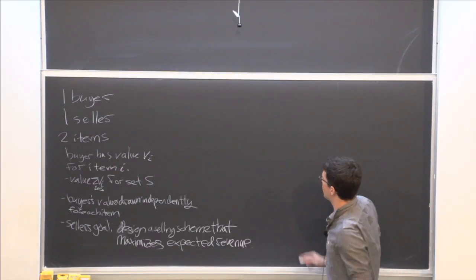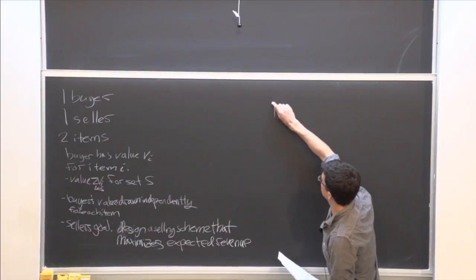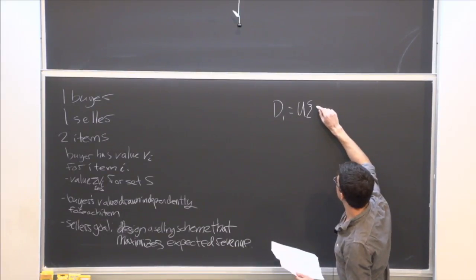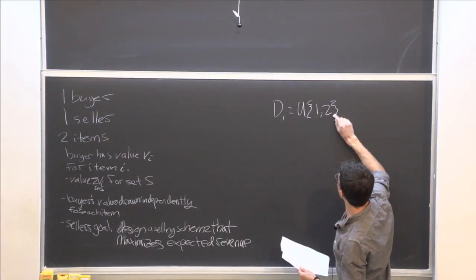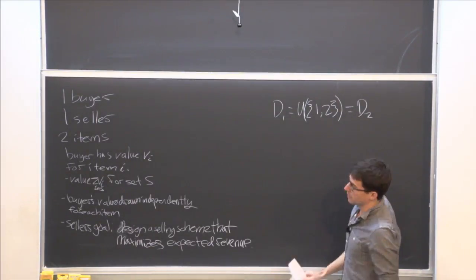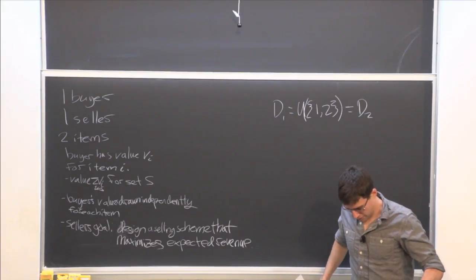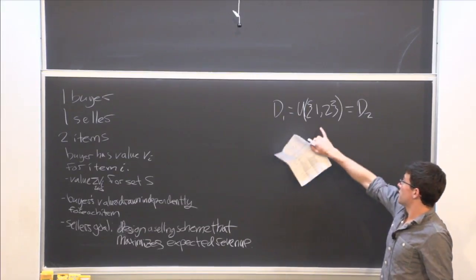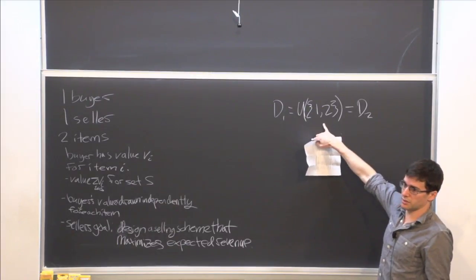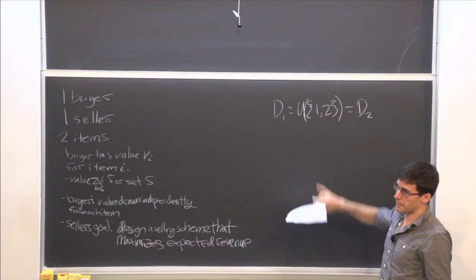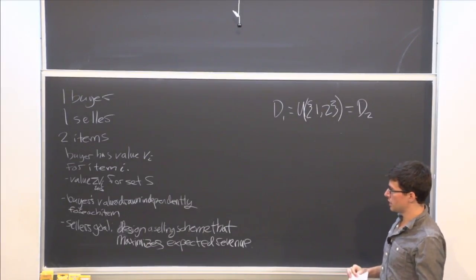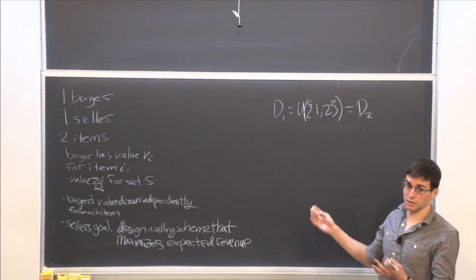So let's say that in the first example, the buyer's value for each item is drawn independently and uniformly from the set {1, 2}. We can try to reason about what the optimal mechanism, or optimal selling scheme, would be.